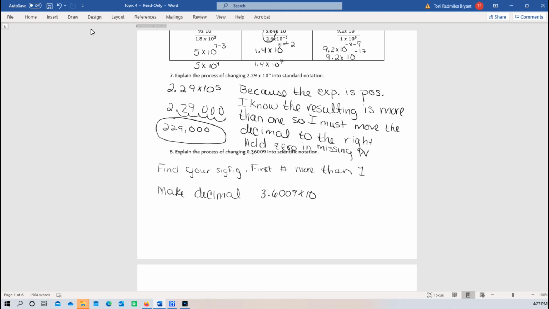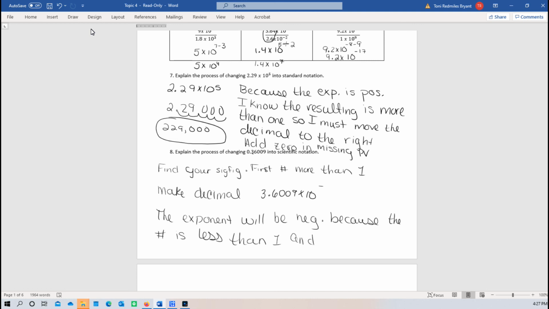And the exponent will be negative because the number is less than 1. So a negative exponent.